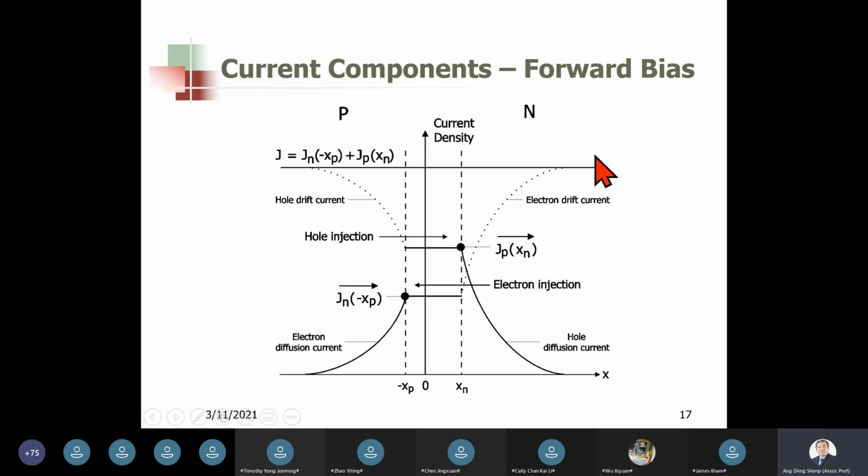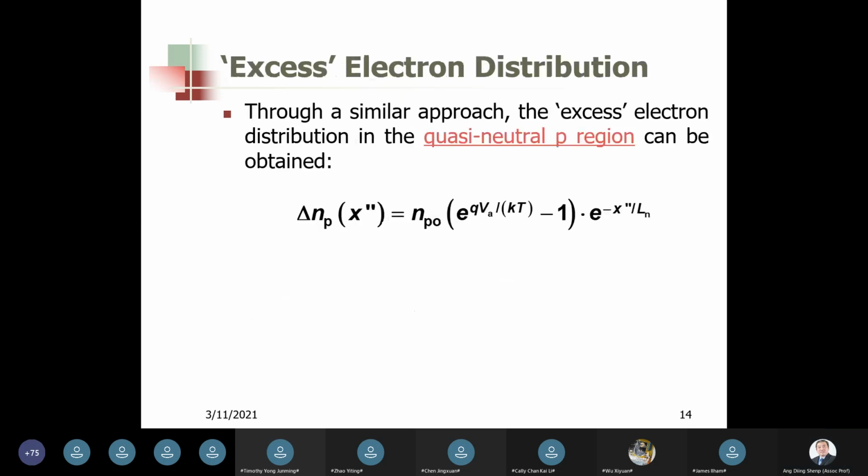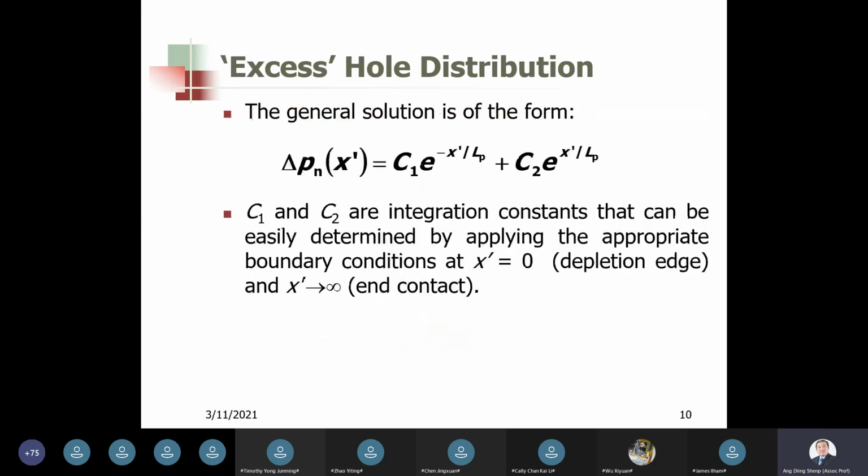Now, at this point, some of you may ask, why is there a drift current when there is no electric field present in the quasi-neutral P and N? Strictly speaking, there is a very small electric field present in the quasi-neutral P and N. We neglected the electric field when solving the continuity equation.